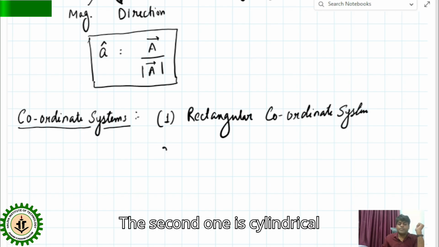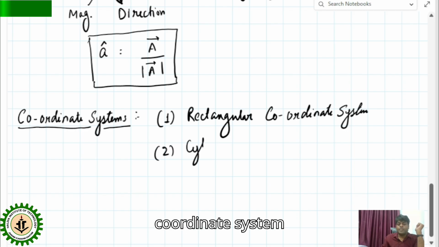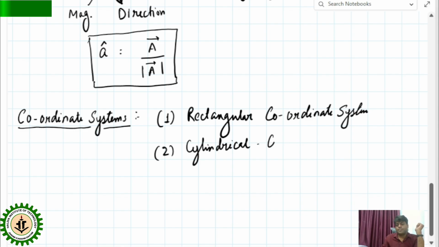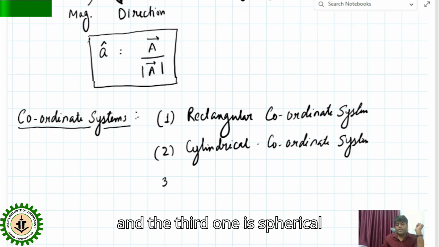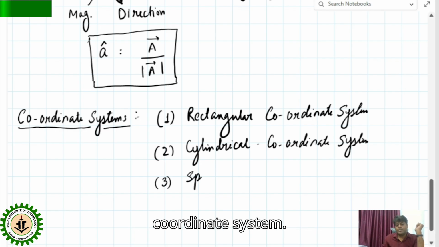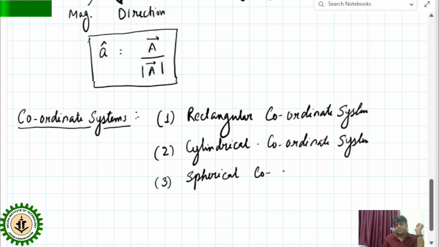The second one is the cylindrical coordinate system. And the third one is the spherical coordinate system.